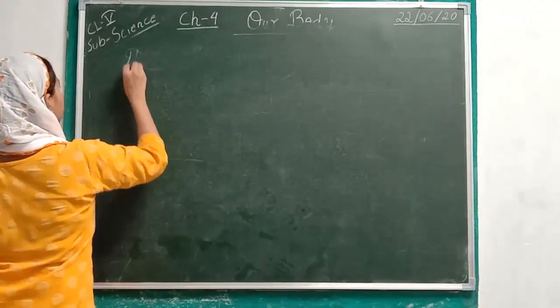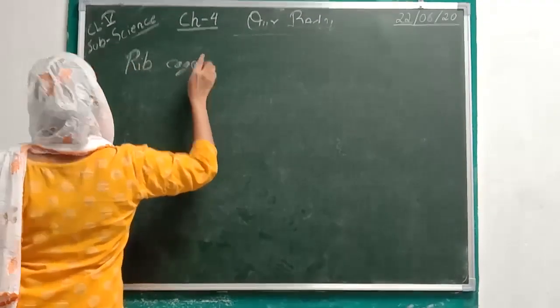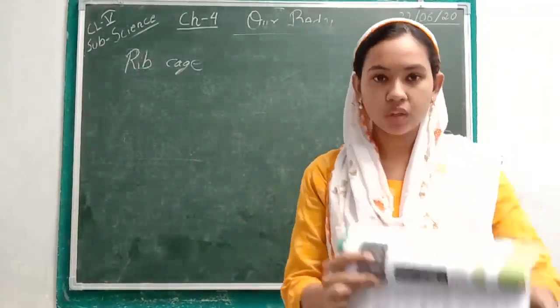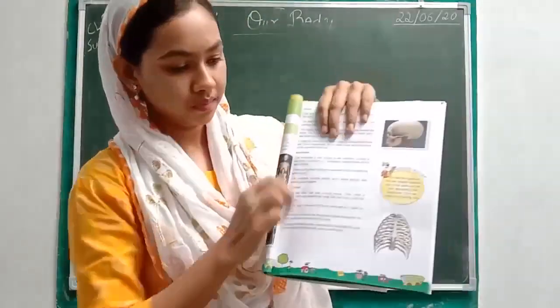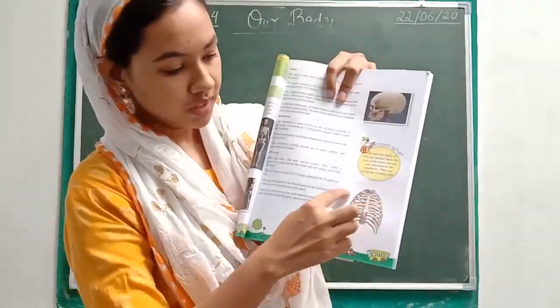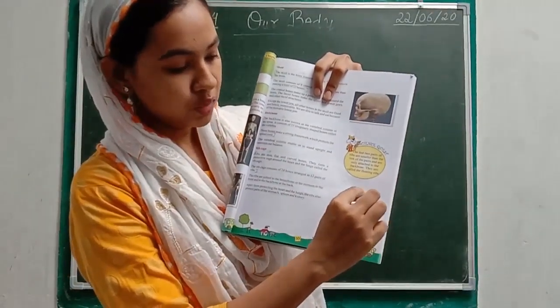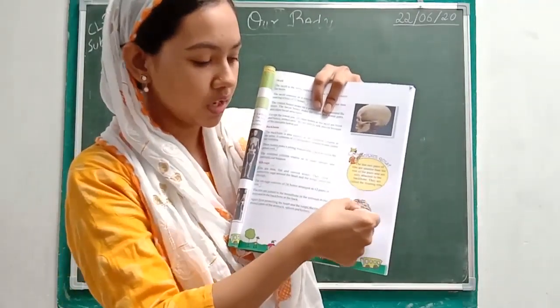So the third one is the rib cage. So what is the rib cage? I'll just show you the image here. See here, this entire thing is the rib cage. Look at the bones here. You'll see that they are thin, flat, and curved.